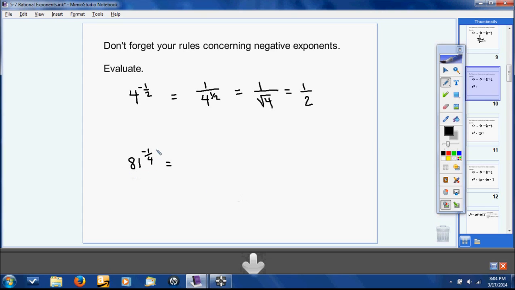We want to look at 81 to the negative 1/4 power. I would like you to anticipate what comes next. Same thing as here. So you'll write 1 over 81 to the 1/4 power.